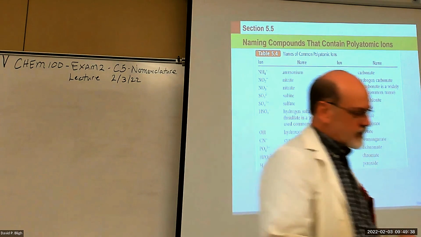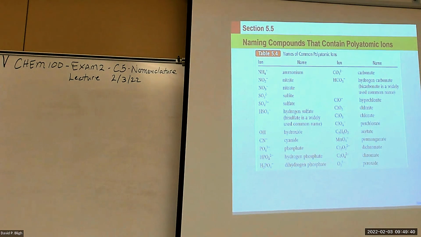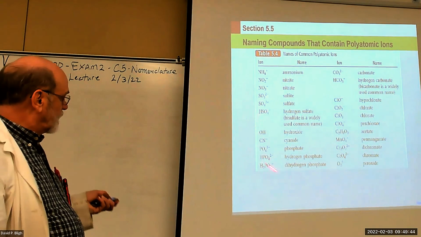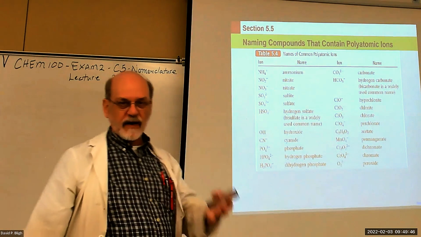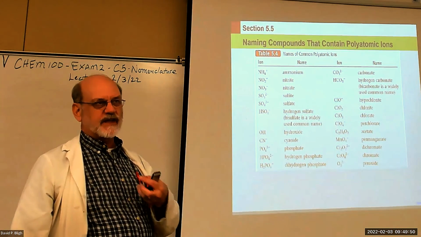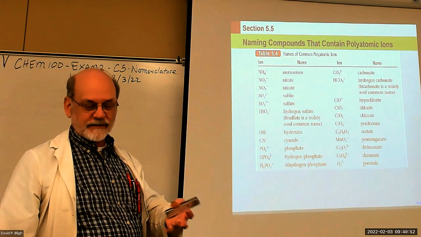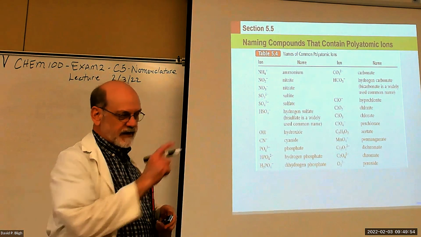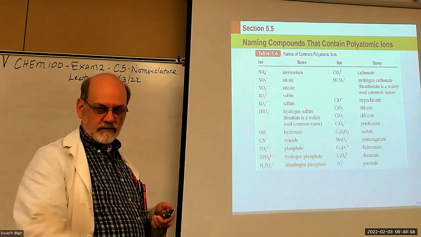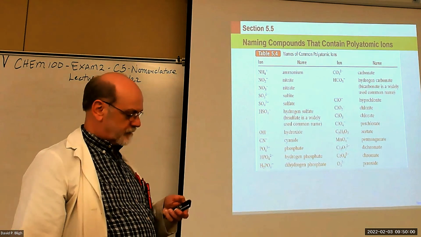But I've got it up here on the screen too, I'll show you. This comes out of your textbook, and these are some of the polyatomic ions. But a larger list of polyatomics is included in that useful information of the review document.